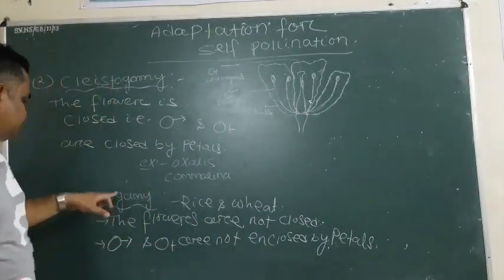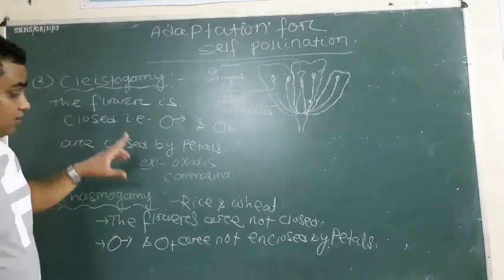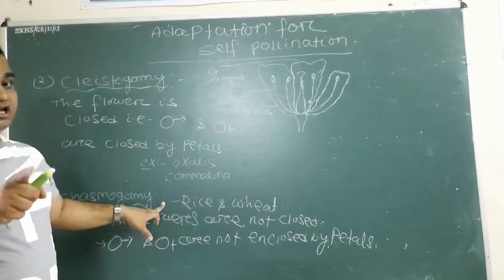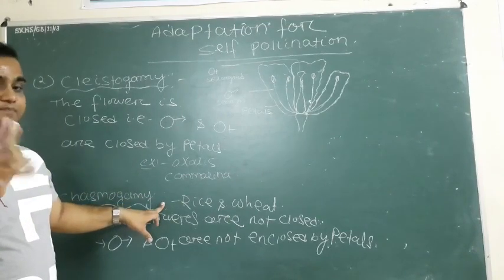So in chasmogamy, the pollination is self pollination or cross pollination. Both types of pollination are possible.